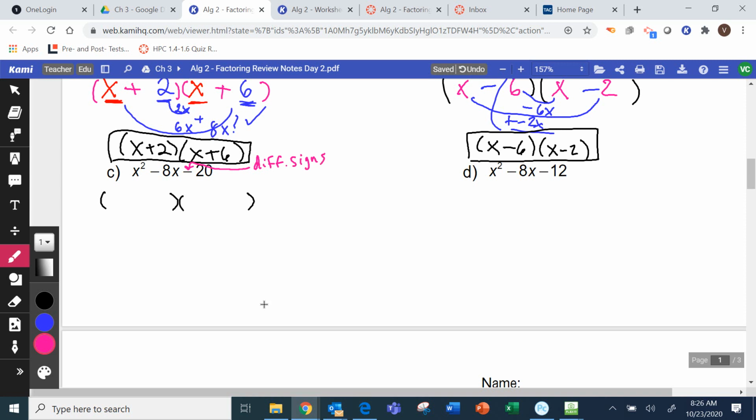It's still going to be x and x because my first term is still x squared. But 20, we did list 20s. See, 20s could be 1 and 20, 2 and 10, 4 and 5.